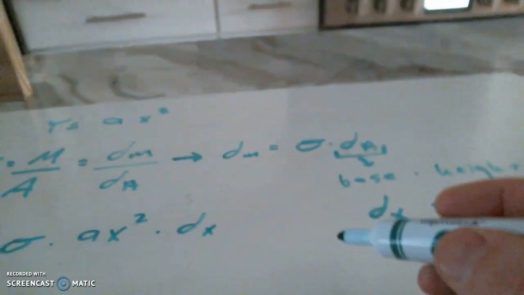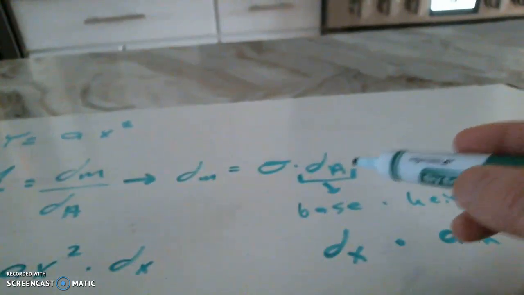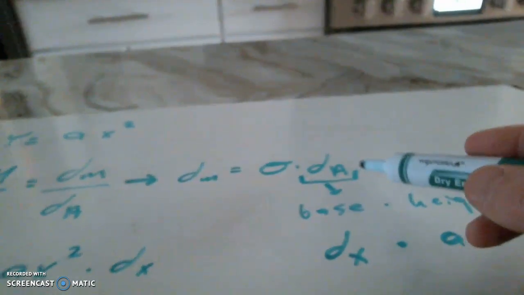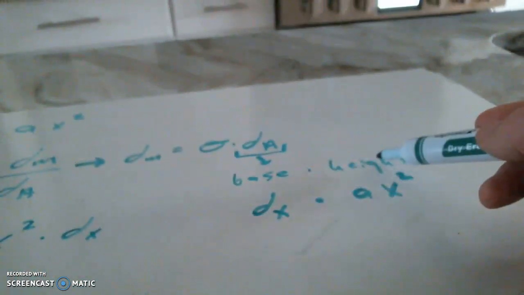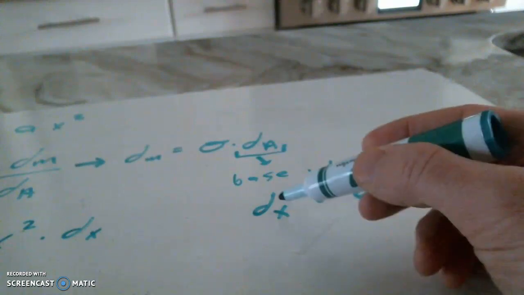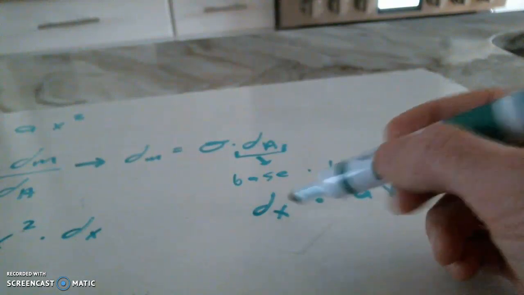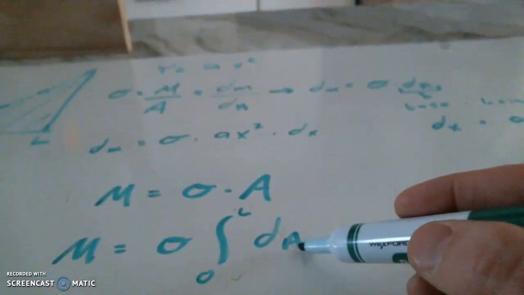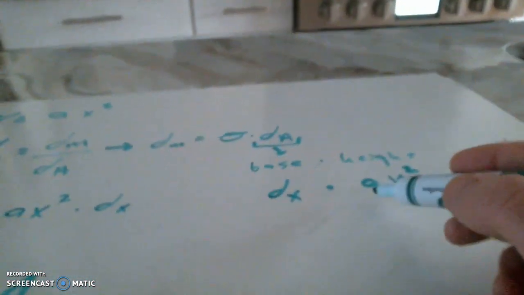What is a differential area? All right, so what I will do is come back up to what we did earlier. I had a differential area written right there as simply a base times a height. The height is ax squared, the base is dx. So what I will do now is swap in dA based on what we said earlier.